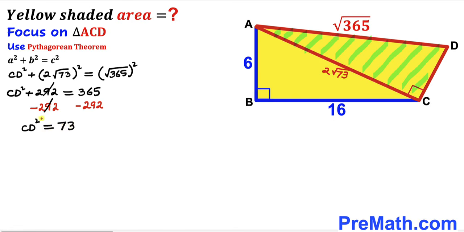Now I am going to undo this square by taking the square root on both sides, and the square and square root are gone. So our side length CD simply turns out to be square root of 73 units.